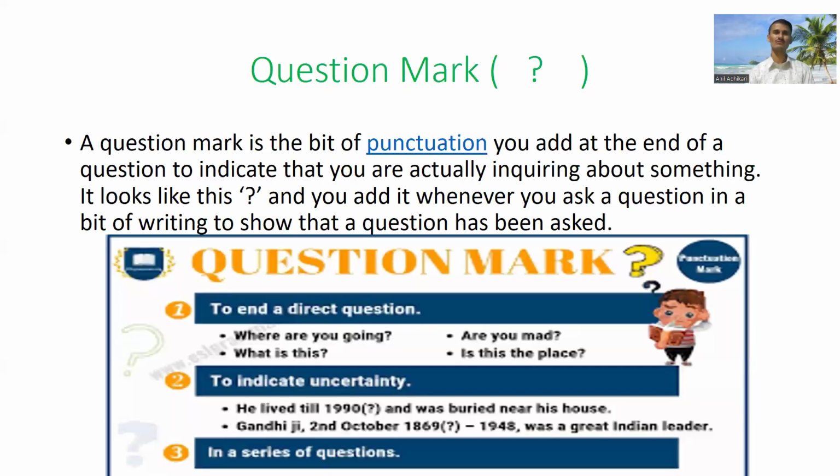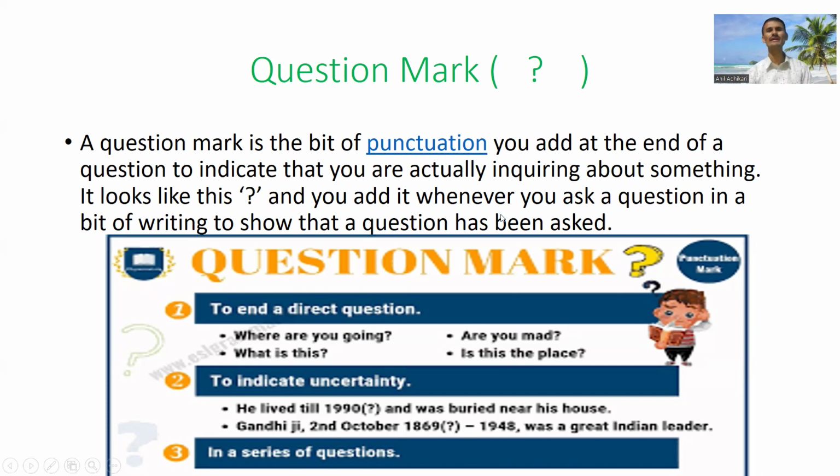Now, another important topic. Can you guess what that is? Question mark. The question mark is the bit of punctuation you add at the end of a question to indicate that you are actually inquiring about something, that you are asking about something. You can see the symbol of the question mark here.